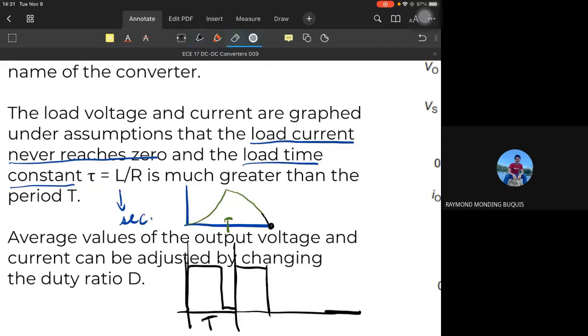So it is important that we know how to compute the inductance, L.